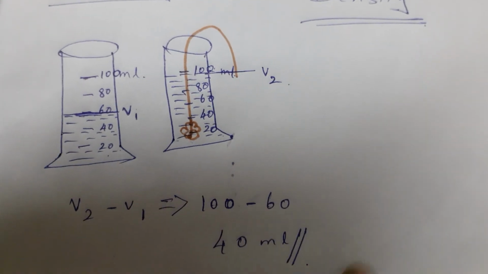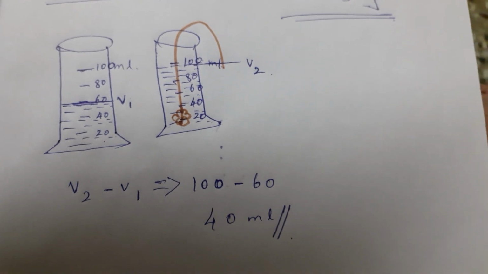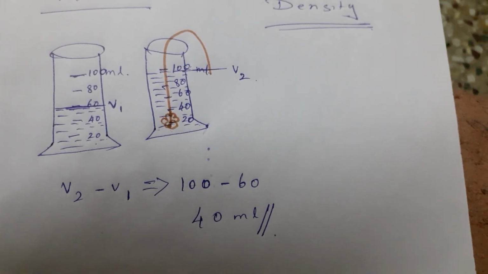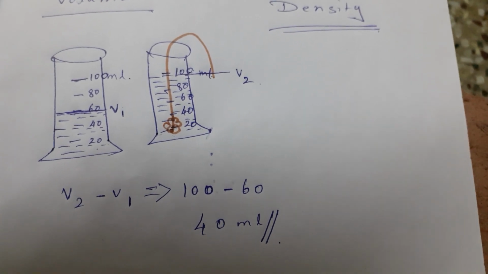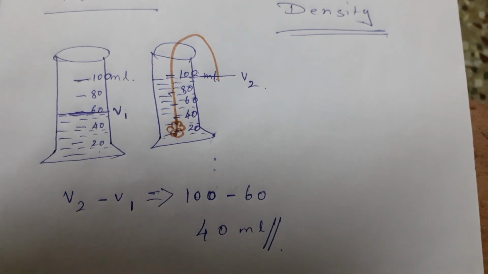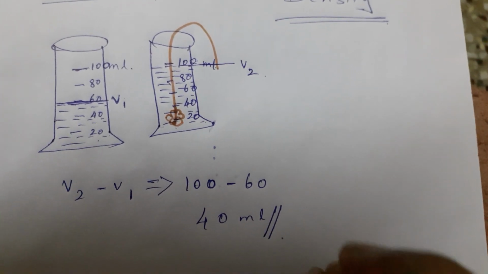Are you clear with this? Yes. What is the volume? The raised water level minus the initial water level is equal to the volume of the stone. Then from this, how can you find the density?